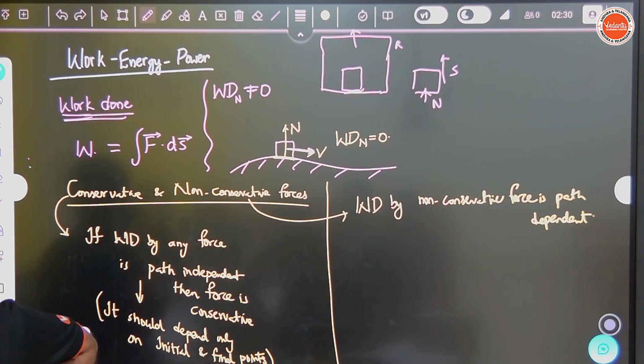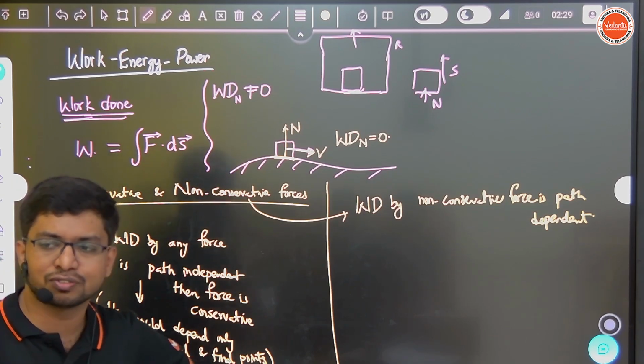Friction, then what else? Nuclear forces. Where do you experience them? No, speak out. Okay, then what else? Viscous force.